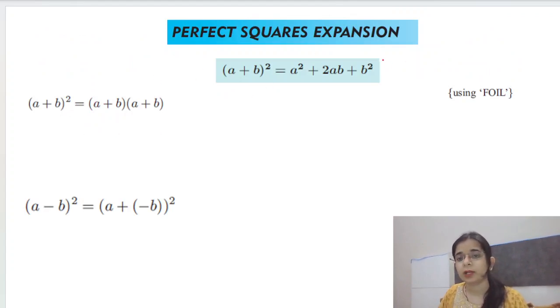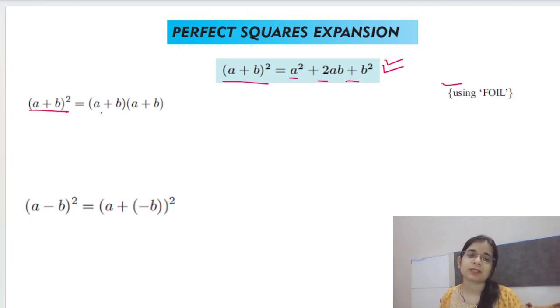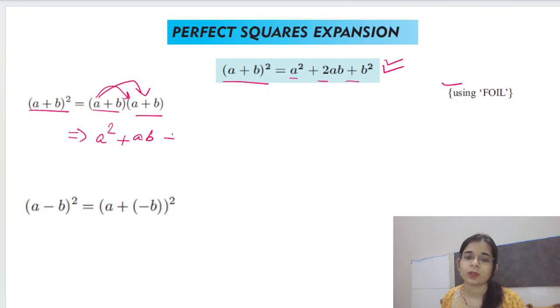Now product square expansion. When you have an expression and you take the square of the complete term, you are going to get a square plus 2ab plus b square. We will be using FOIL here, or the distributive method. See, the square of any term is basically that term getting multiplied twice. Yes or no? Now when you multiply a in a, you will get a square, and when you multiply a in b, you will get ab.